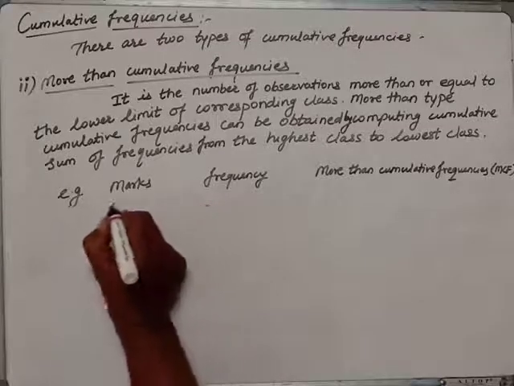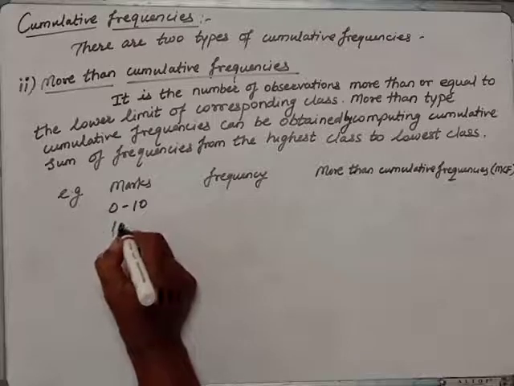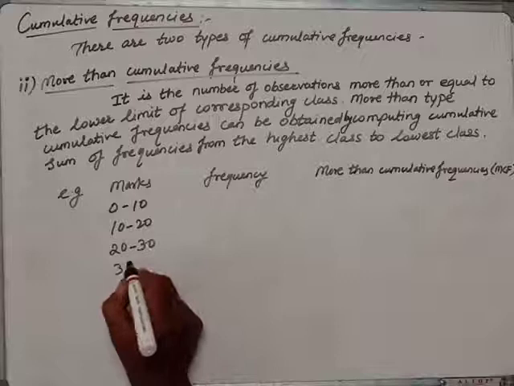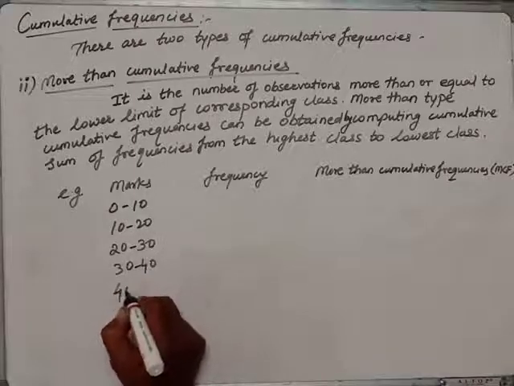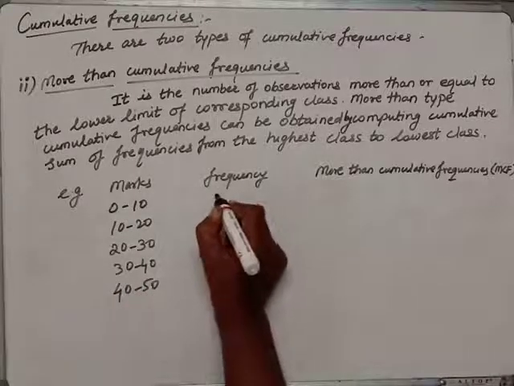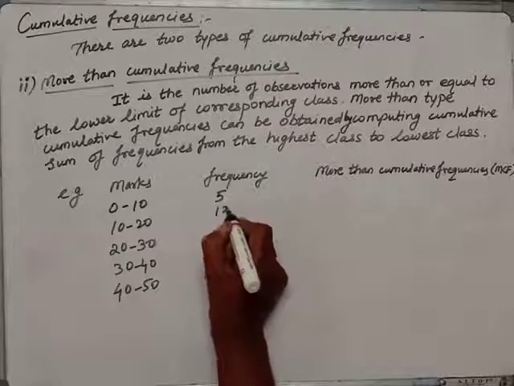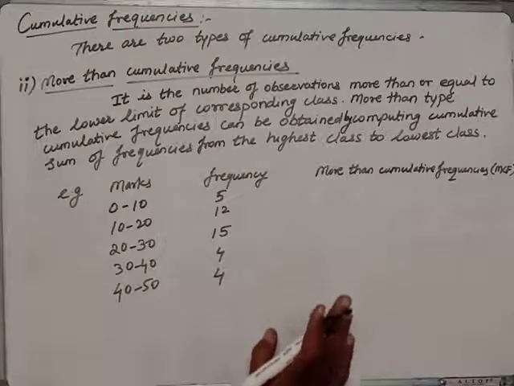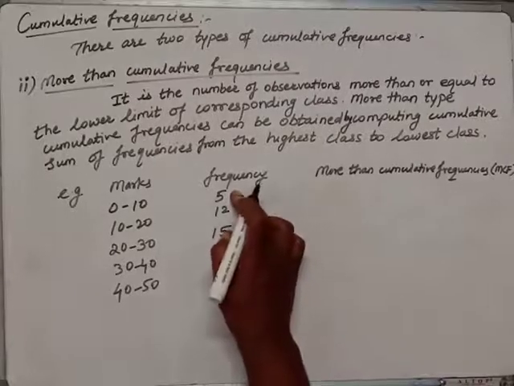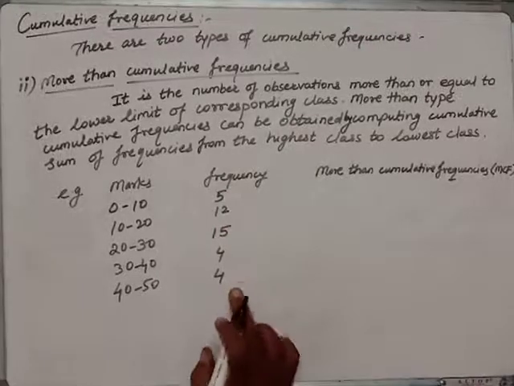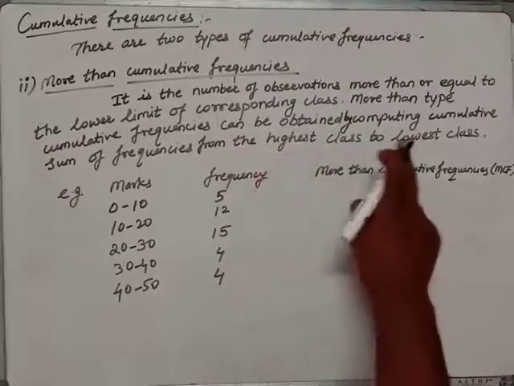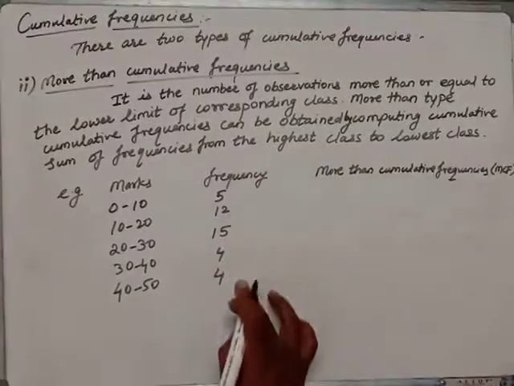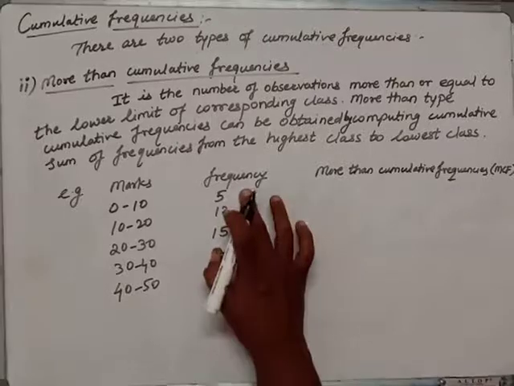So marks 0 to 10, 10 to 20, 20 to 30, 30 to 40 and 40 to 50, with frequencies 5, 12, 15, 4 and 4. Now for less than we started from lower to higher, but here we have to start from highest to lowest. For less than we go downward, and here we have to go upward.